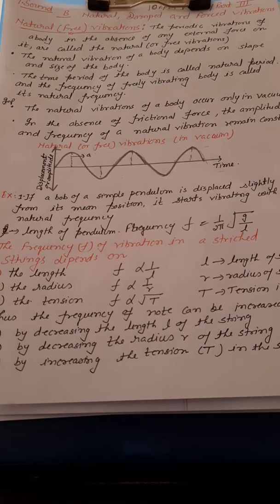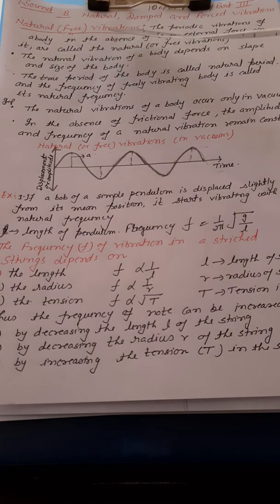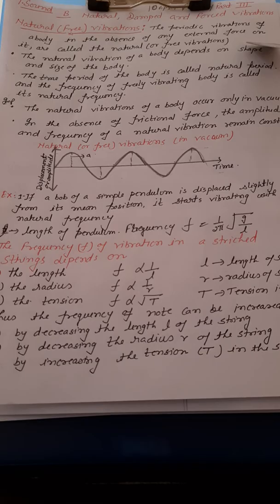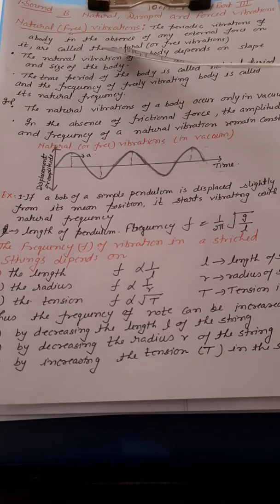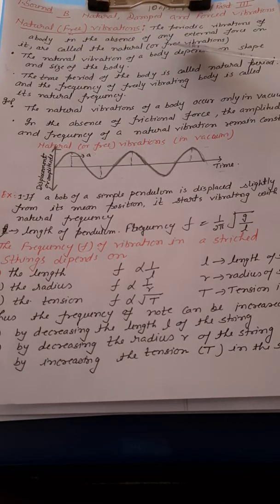But what is natural vibration or free vibrations? The periodic vibrations of a body in absence of any external force on it are called the natural or free vibrations. What do you mean by this?